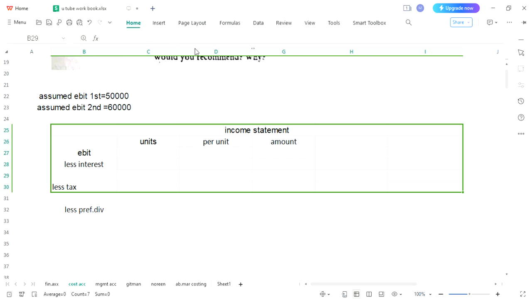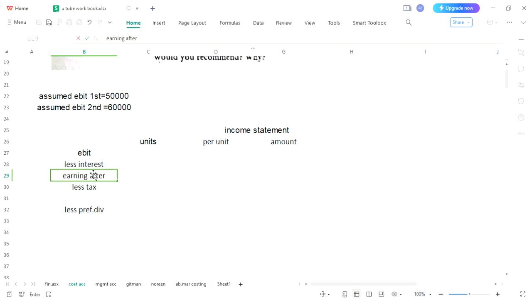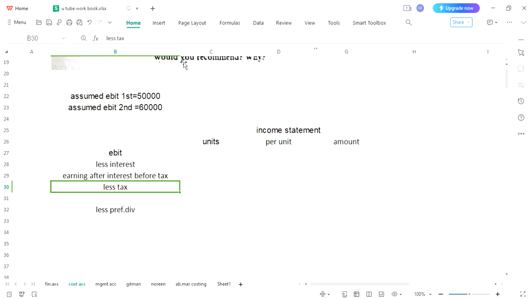Let's centralize it. After subtracting interest, you will get earning after interest but before tax. So let's make some space for it.